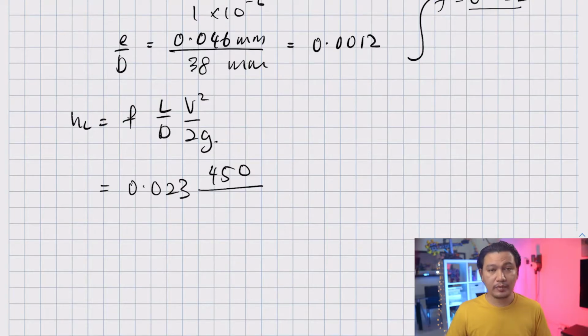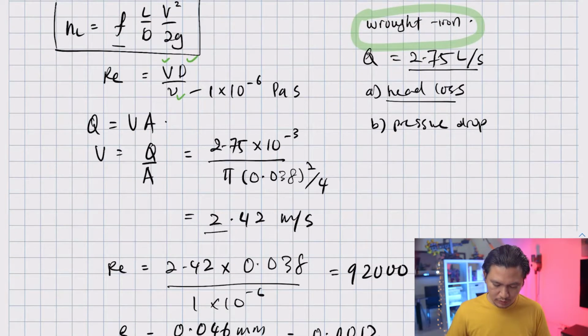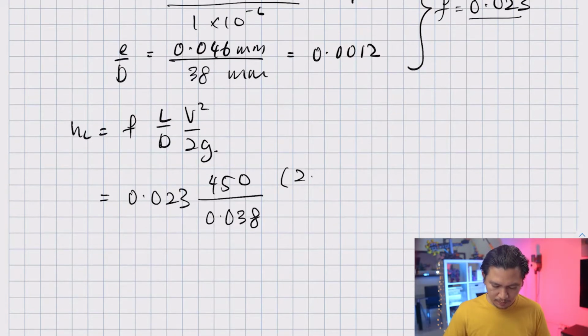Now remember that everything is now in meter. Divide by 0.038, that is the diameter of our pipe, times the velocity. I think we've calculated velocity before, 2.42. Don't forget the square. Divide by 2 times 9.81.